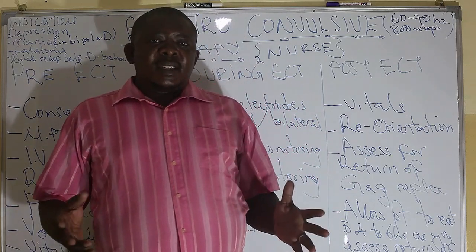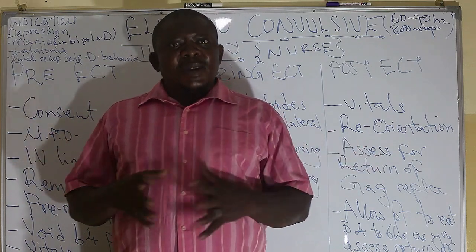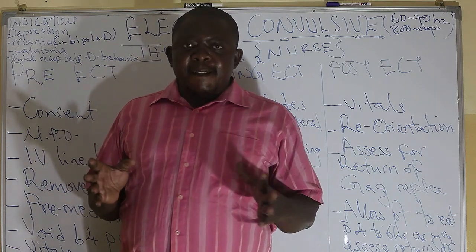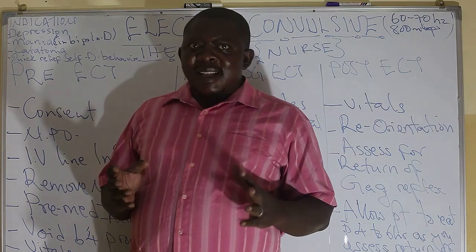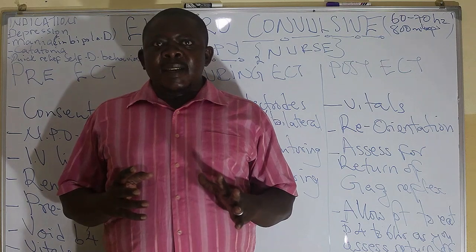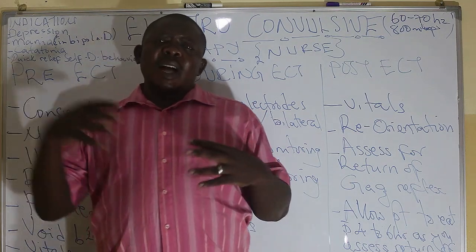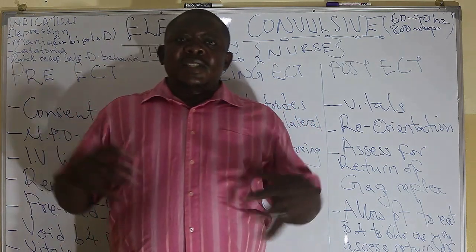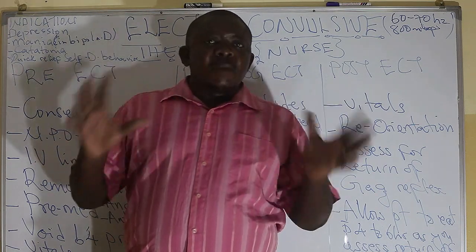With that said, electroconvulsive therapy has a lot of controversies surrounding it, but it really helps a lot of patients. Electroconvulsive therapy is simply the introduction of electrical current to someone's brain, within the nervous system, with the aim of stabilizing the brain chemistry.